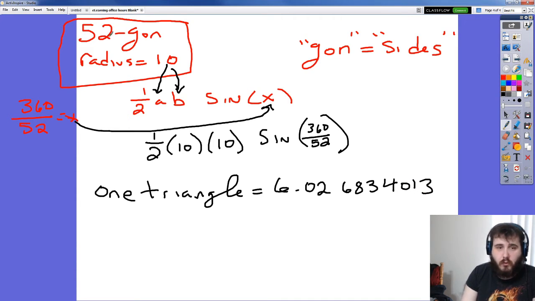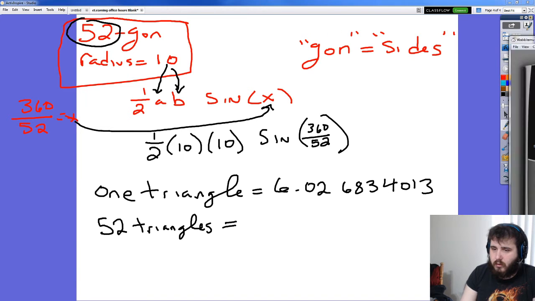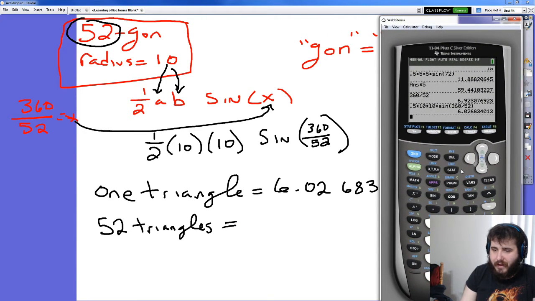How many triangles do I want? I want 52 triangles, because that's the whole figure, all 52 triangles. So let's put that in the calculator, because again, I'm not going to do that by hand. That's monstrous. I'm not going to try and tabulate that out by hand or in my head.